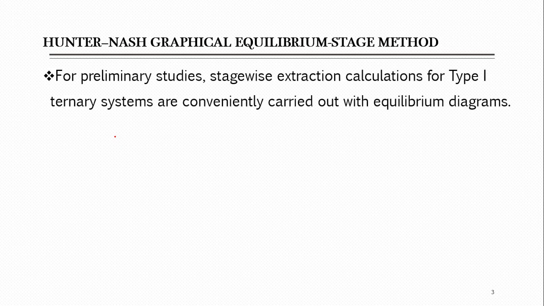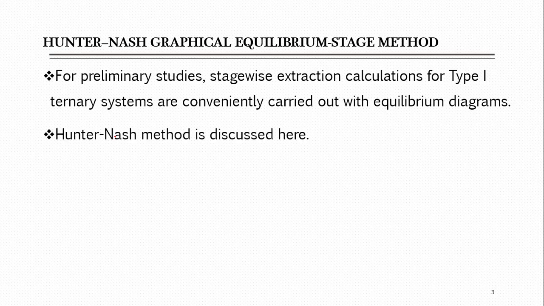This is from the last lecture. At the end we discussed that for preliminary studies we mostly use type 1 ternary systems, and we use these equilibrium diagrams to calculate the number of stages required for some specific extraction. There are two types of systems, type 1 and type 2.